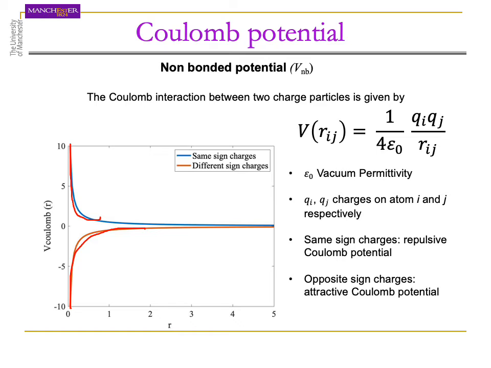It's fixed during the simulation, and therefore the Qi and Qj for two specific atoms are not going to change during the simulation, differently from what usually happens with quantum mechanical calculations.